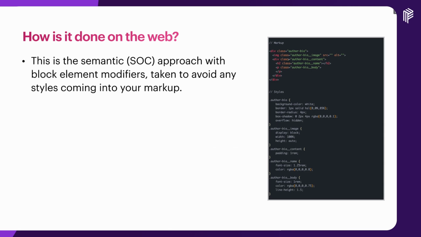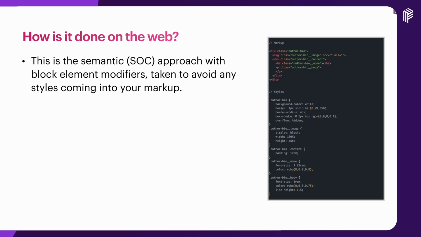At the top, you can see that the class names within the HTML are done in a manner where they're talking about the semantic value and what the information is within this web page or within this view that you're displaying. Things like author bio, another class is the author bio image, author bio content, author bio name. Again, very semantic, very informational about what data is going in, what is the content.